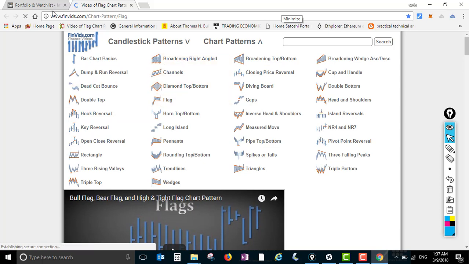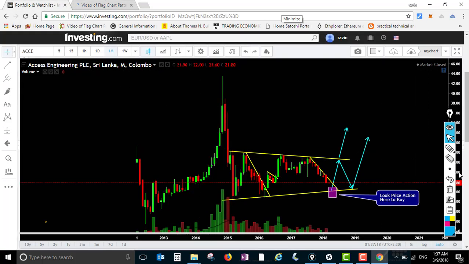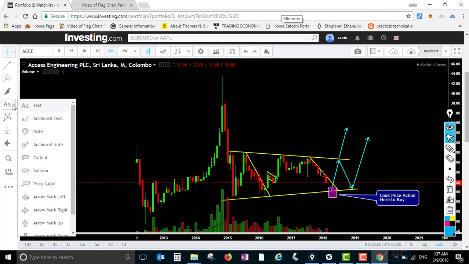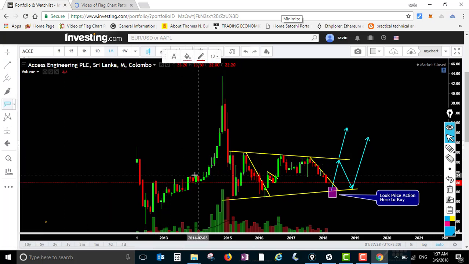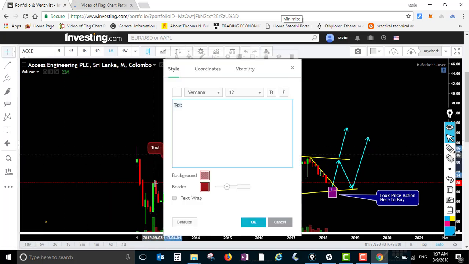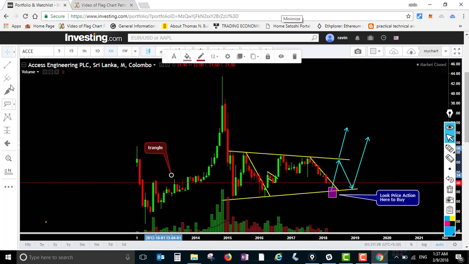According to those chart patterns, I forgot to tell you, once you analyze the chart, not like me, you have to write them. For example, you can go to callout and write, let's say, triangle. See, you have found a triangle.